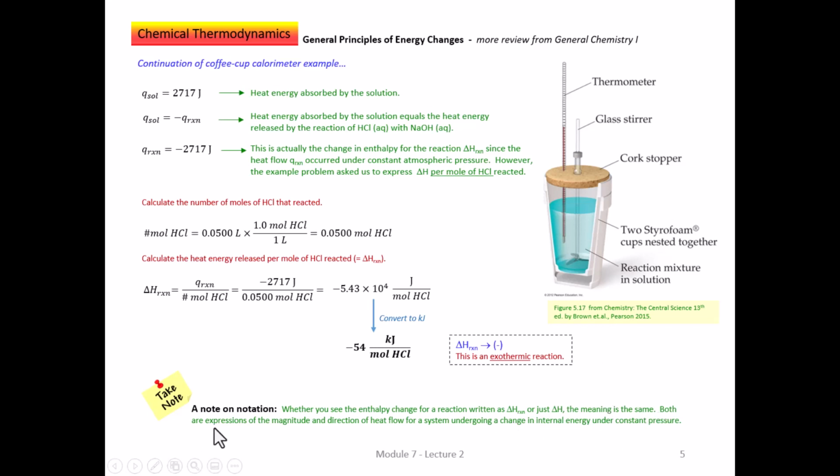So both are expressions of the magnitude and direction of heat flow for a system undergoing a change in internal energy under constant pressure. Now, in part 2 of this lecture, we're going to look at some ways that we might be able to actually just calculate a delta H from experimental data that's been previously collected over the years and assembled into tables.